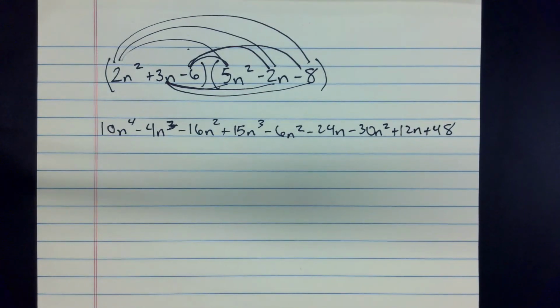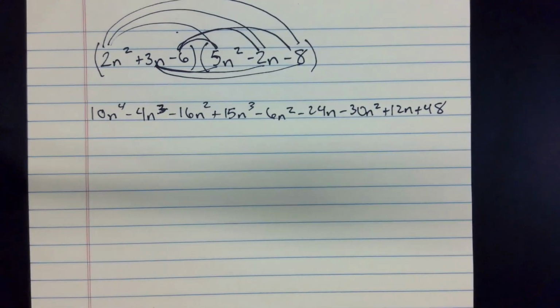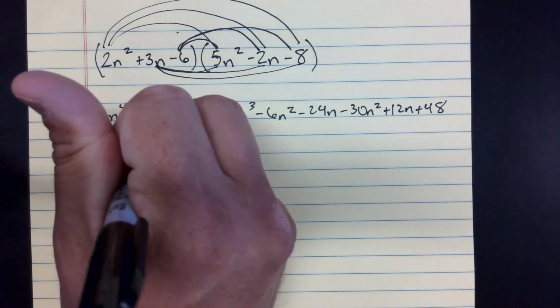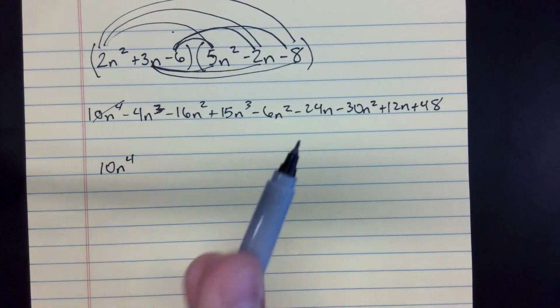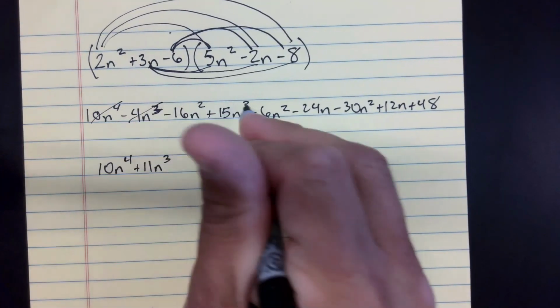So if the last one is called the double distribute, what would this one be called? Triple distribute. Okay? So you just take every single term inside of the trinomial and distribute it to the other trinomial 3 times. So we do it in, looks like we don't have another n to the 4th. We do have another n cubed, which is right here. So that gives us plus 11n cubed.